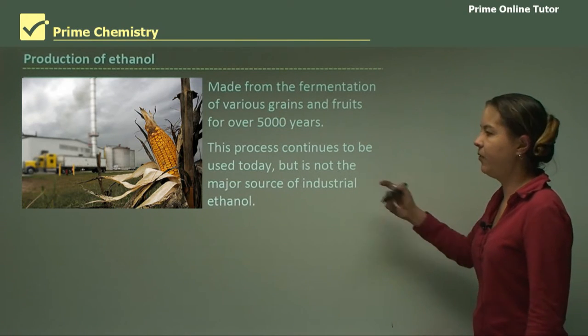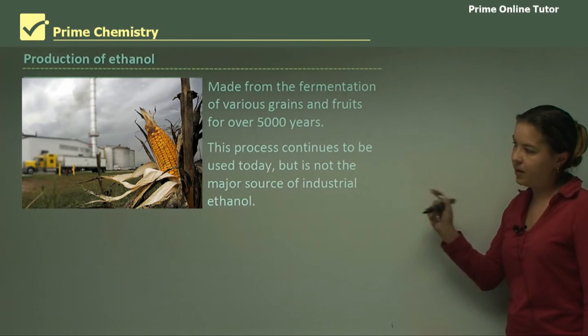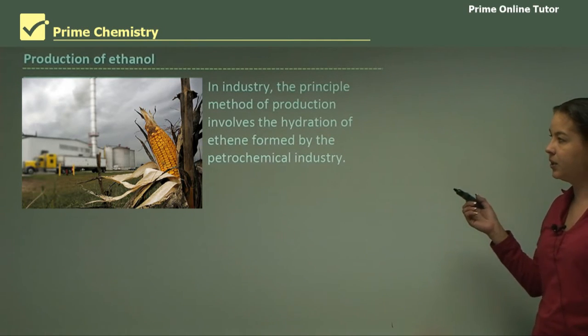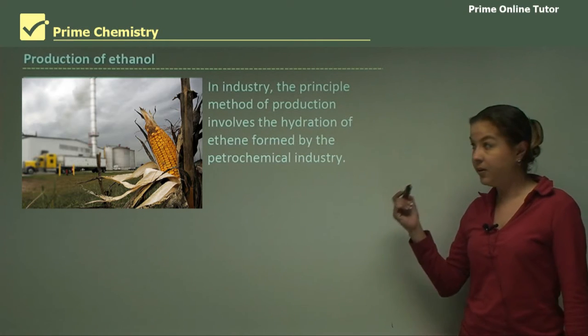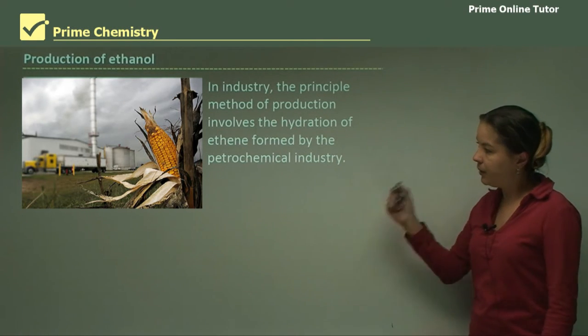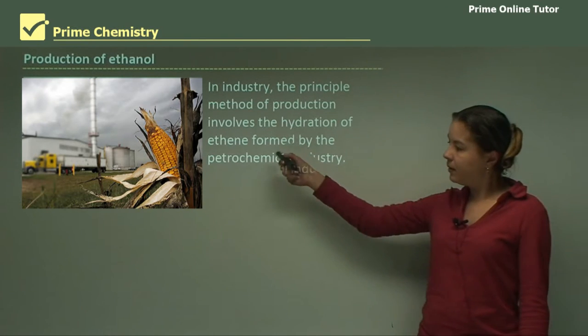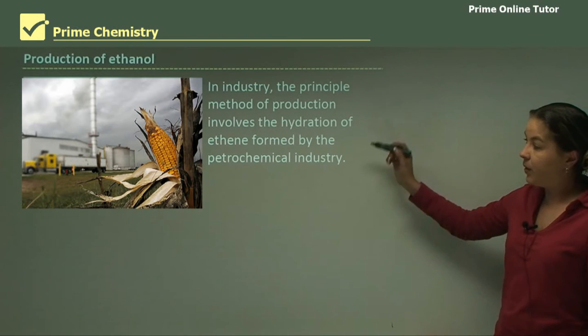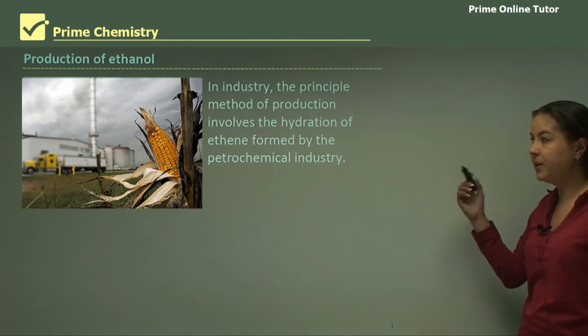We just can't get enough ethanol out of that particular method. So in industry, the principal method of production involves the hydration of ethene formed by the petrochemical industry. So if you recall in previous tutorials, we mine the petrol, we make the ethene, and then if we hydrate ethene, we can get ethanol for industrial uses.